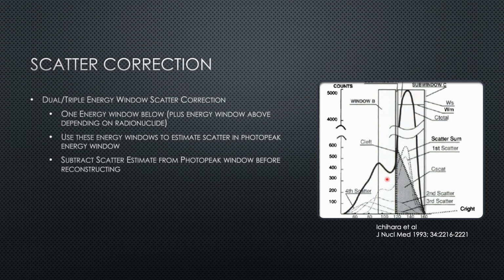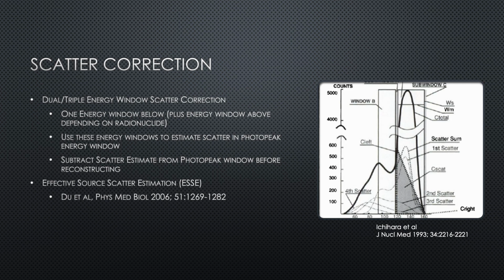We'll add a scatter window below. And sometimes if we have higher energy photo peaks that are going to be scattering into our photo peak, we'll also put an energy window above this main photo peak energy as well. So using the number of counts we get in these scatter windows, we can subtract or make an estimate of the amount of scatter that comes into the photo peak. We'll subtract those counts before reconstructing.